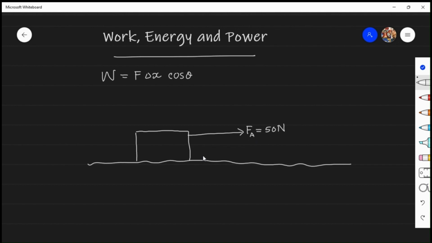If someone is applying a force in the right direction, that means our object is going to move towards the right. So if our object is moving to the right, that means our displacement is also going to be to the right. So let us draw a displacement vector moving in the right direction.